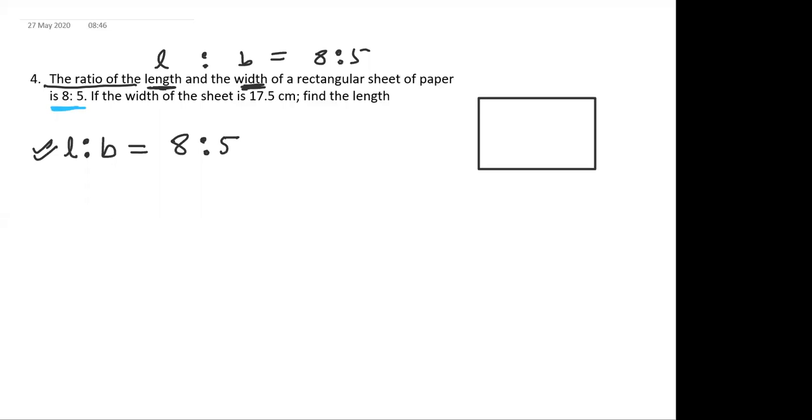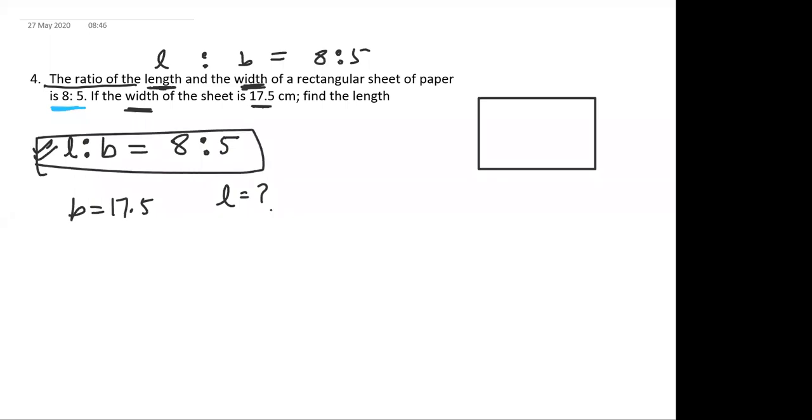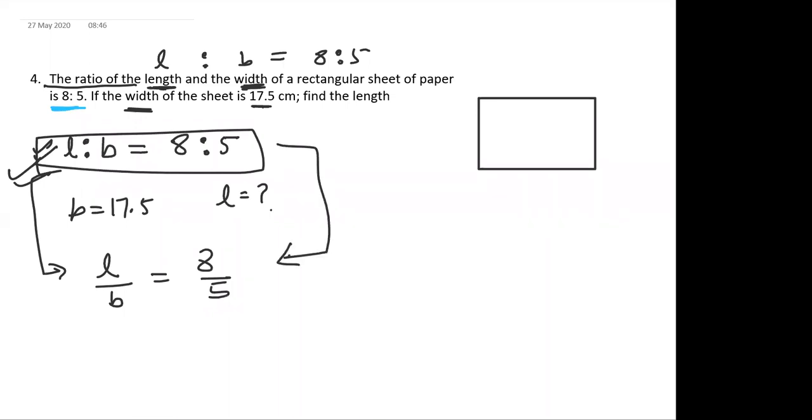If width is 17.5, then find length. So first of all, you will start the question from here. From this relation, can you write L upon B is equal to 8/5?